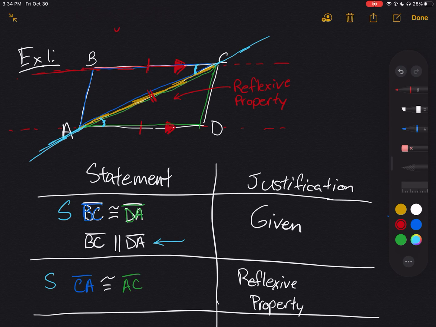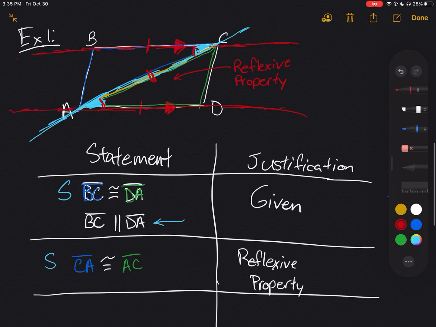then I've got parallel lines that are cut by a transversal, right? And if I've got parallel lines cut by a transversal, then that means that this angle and this angle are alternate interior angles, and I know, or at least I happen to know, that alternate interior angles are congruent to each other, so I can label that as congruent, right?